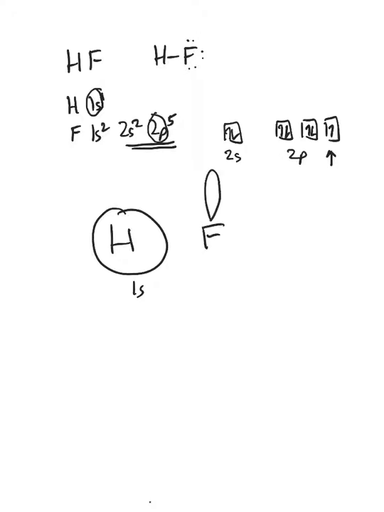Now remember, p orbitals have 2 lobes to them. And so we'll maybe call this our vertical p orbital. And that's a p orbital that's going in and out of the plane of the screen that you see before you. And then there's this other p orbital that's horizontal. And where they overlap, that would give us our bond.